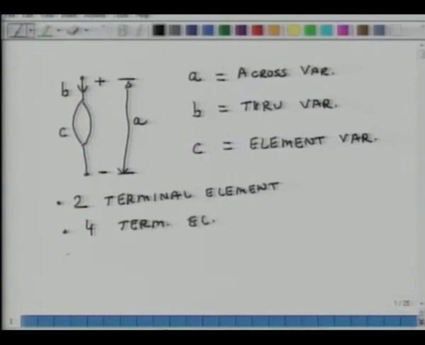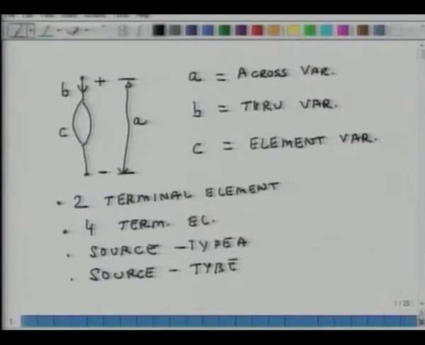The third element we'll talk about will be a source, and this will be, let's say, type A. And the fourth element we'll talk about is again a source, and it will be type B, or you can call it type 1 or type 2.